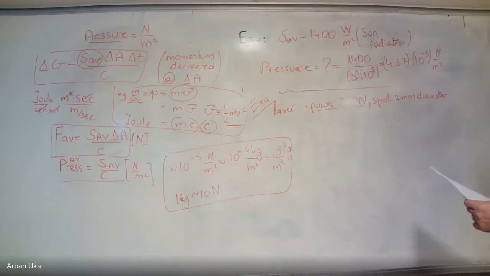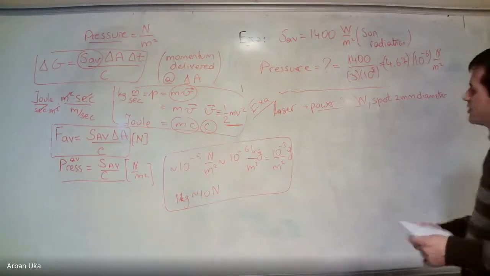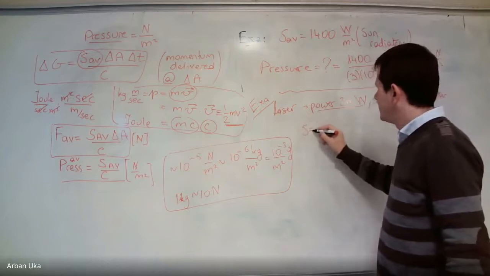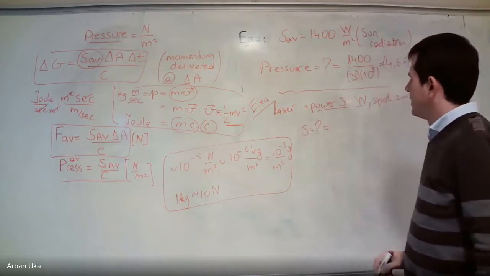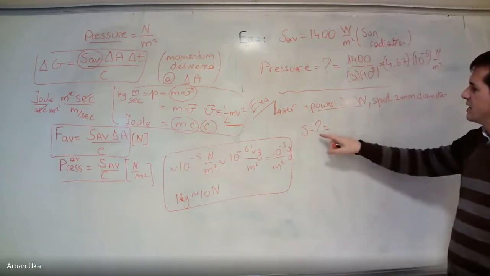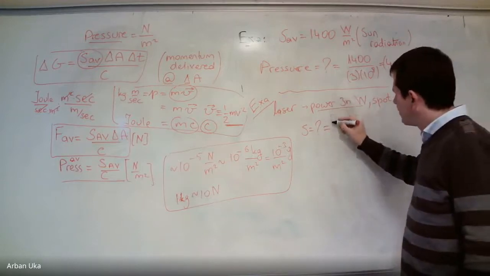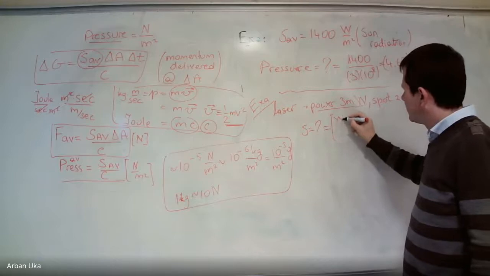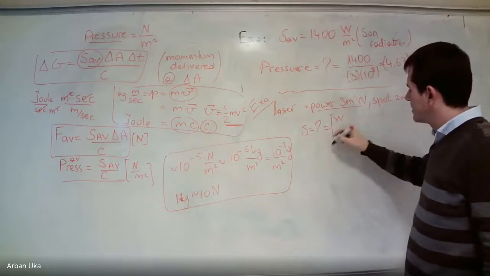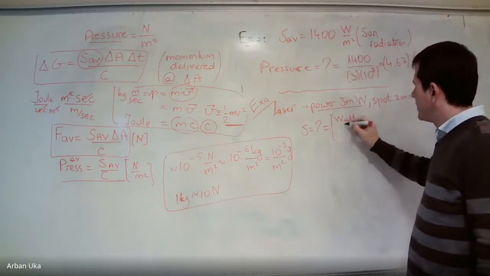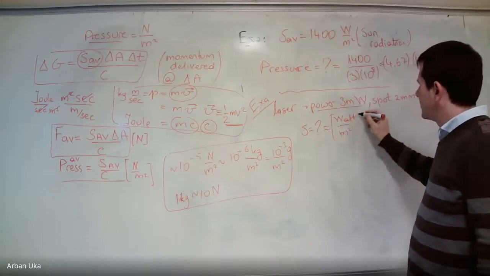And let's try to identify the time average power density. Whenever we try to identify this from the given quantities, we should not forget that the unit of this is watt per meter square.